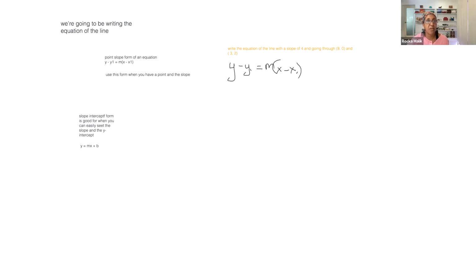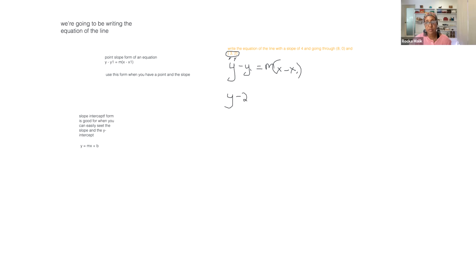So the letter Y stays in there because I need that to graph it. Minus, I'm gonna use this point to write the equation, (3,2). So that means the X1 is the 3 and the Y1 is a 2.